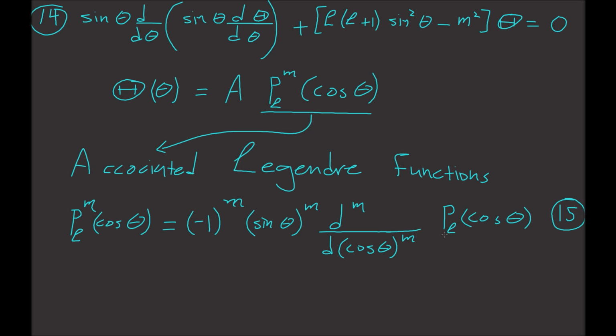Because let's say L is 3 and M is 4, then we're taking the fourth derivative of a third order polynomial, and that's going to be 0, so this cannot be possible. So this allows us to say that M has to be less than or equal to L.